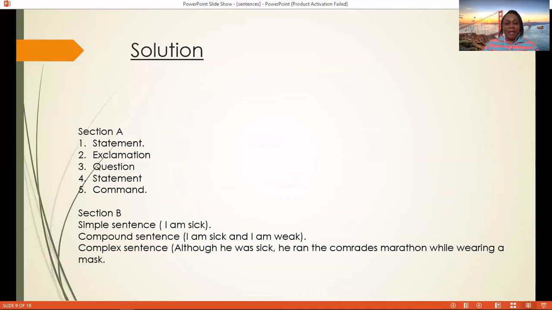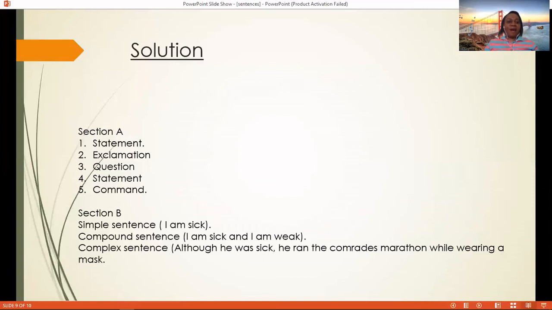One is exclaiming there. Number 3, a question. And I think also that is clear and straightforward because we have a question mark. Then our number 4 is a statement just like number 1, giving us information. Check that sentence again. Just stating the information, it will be difficult to cross the road.